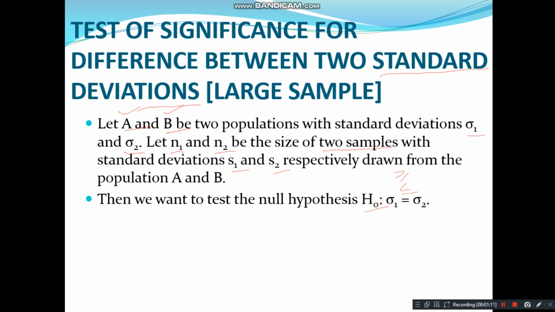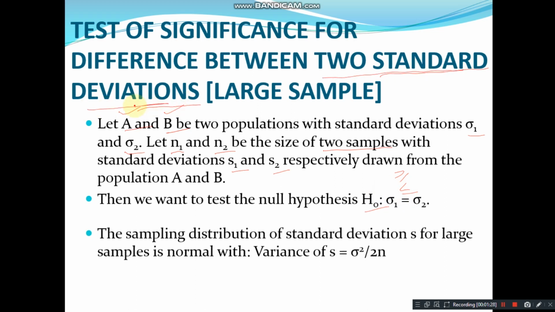And as we know, there is some standard error for different sampling distributions. So what is the sampling distribution here? The sampling distribution of the difference between the two standard deviations. What is the standard error for that?